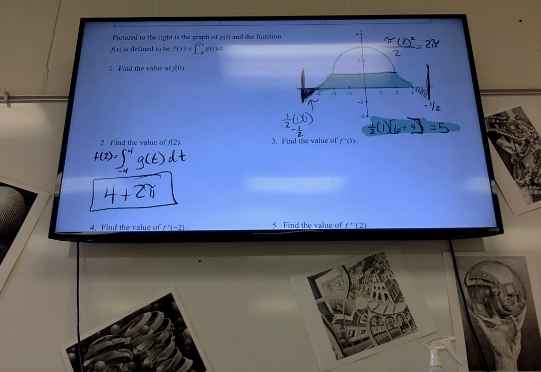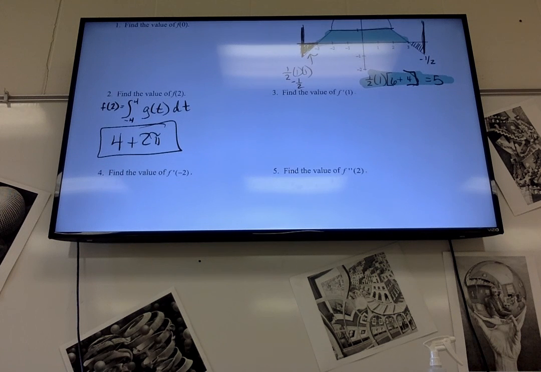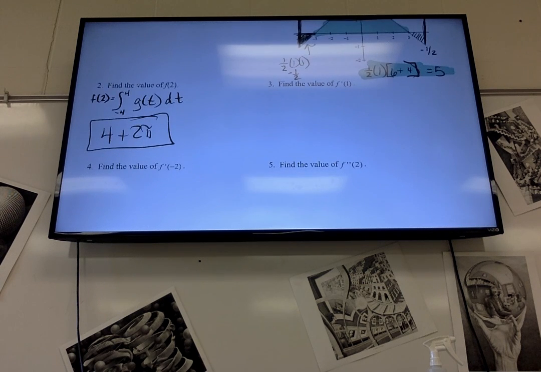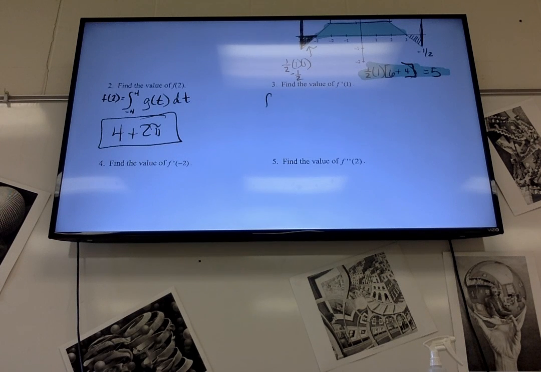Now let's do f prime of x. Well, it's f prime of 1, but let's just look at it first. So f prime of x is the derivative of that integral.